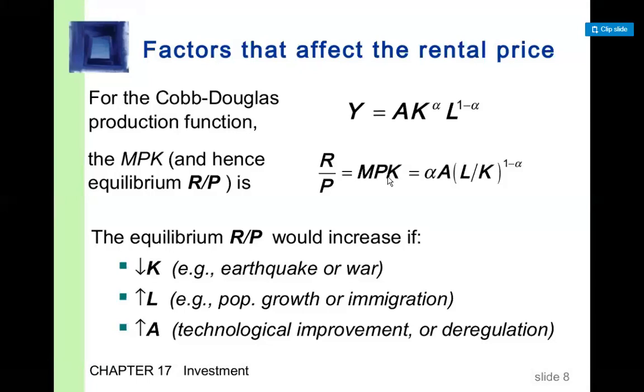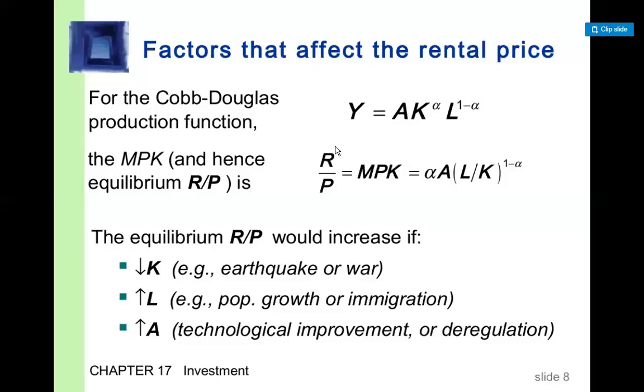I think you have done already in the last lecture how to get the derivative of the Cobb-Douglas production. Right? Because it takes some time to discuss in detail, so you will do the derivative by yourself at home.